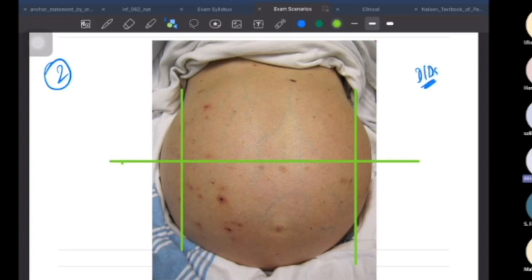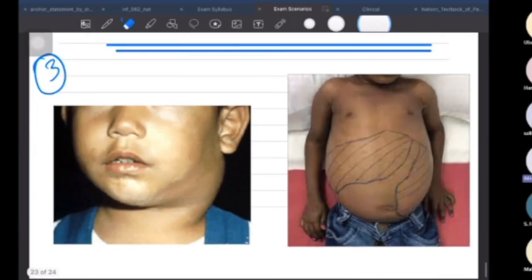So what does that indicate? What would you consider in here? Lymphoma. So this is quite straightforward. But again, suppose this was not so obvious, your discussion will go towards your hepatosplenomegaly.